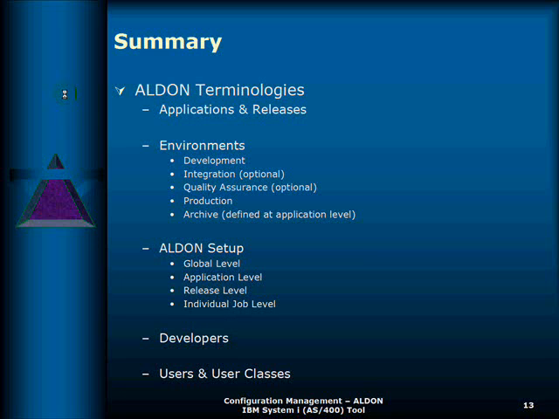Then we discussed about ALDON setup and the various levels where ALDON setup options can be defined, like we have the global level, application level, release level and individual job level. Further, we discussed about developers, users and user classes.